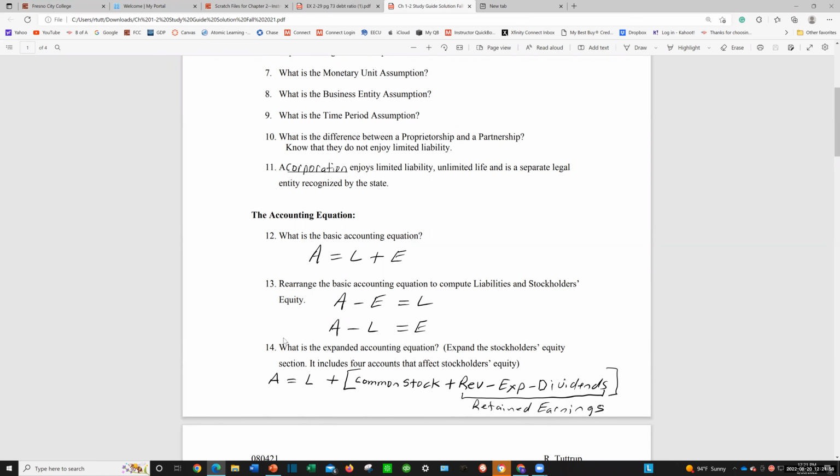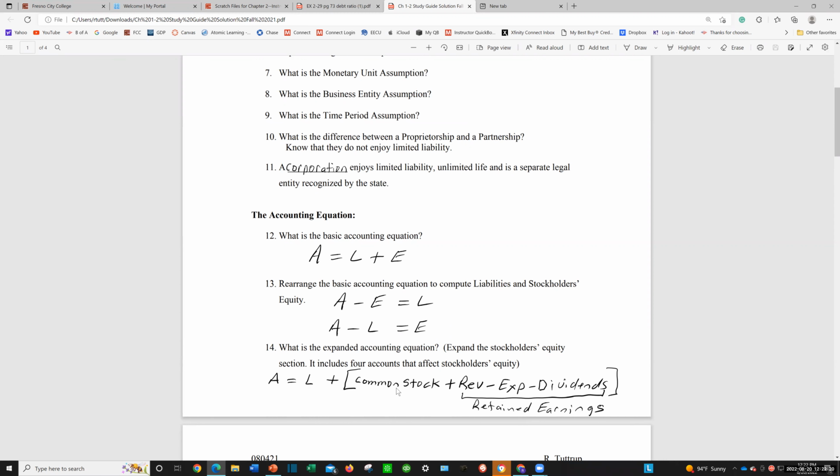Another thing interesting here is I expand the accounting equation, right? We know that assets equals liabilities plus equity. And we know that equity is made up of common stock and retained earnings, right?